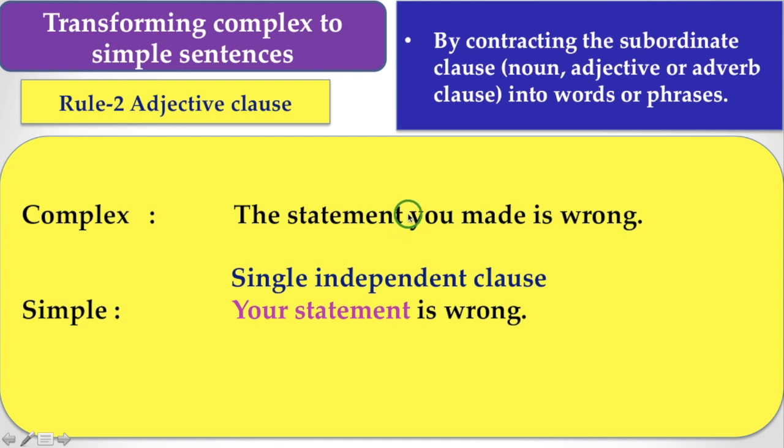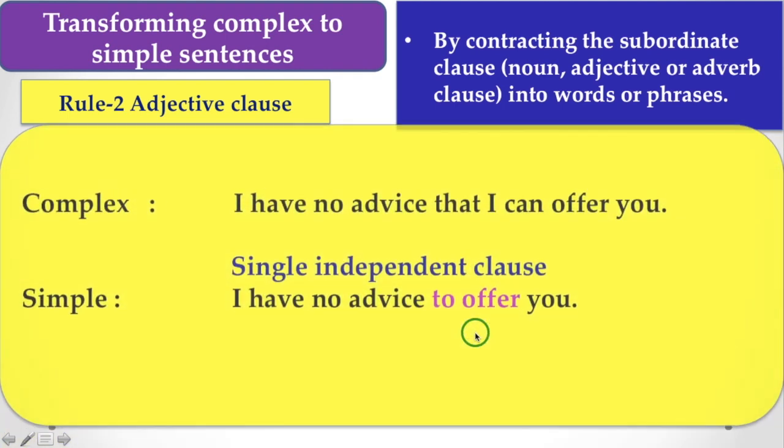Here the statement which you made, again I have told you, when the relative pronoun "which" is omitted here. So when you are asked to make this sentence into a simple one, you just write "your statement," that is again a noun phrase, "is wrong." Your statement is wrong.